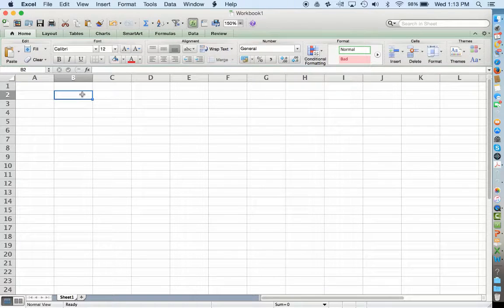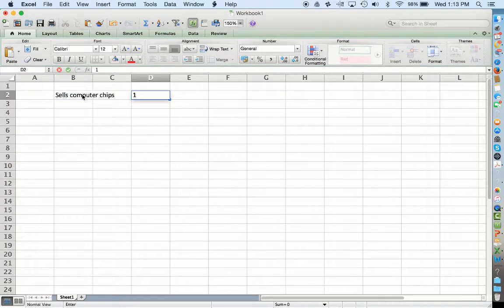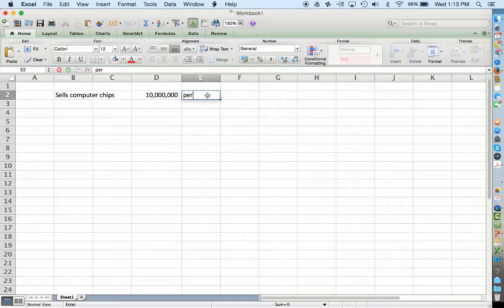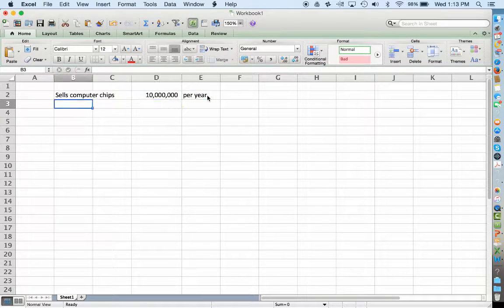Okay, so sells computer chips, sells 10 million of them per year, and the price is $20 per chip.